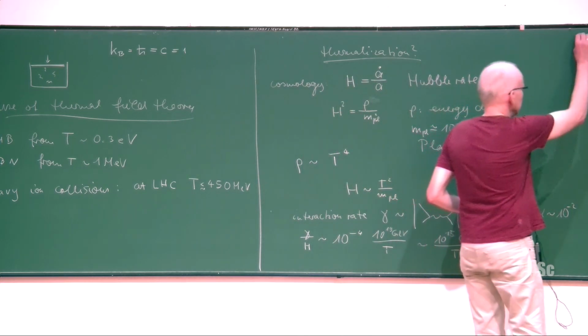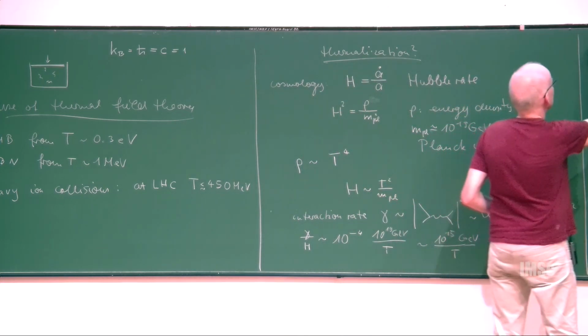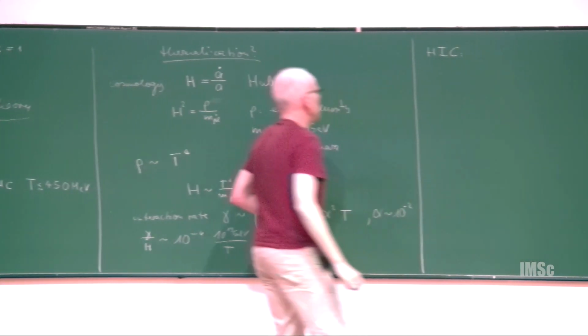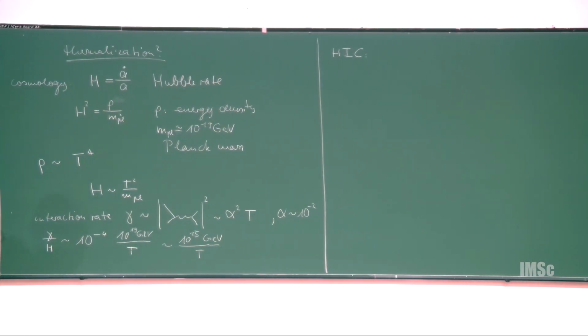What about heavy ions? Heavy ion collisions. Here we collide these two heavy ions, but once you create them, of course, the system will very rapidly expand, and then these quarks and gluons will hadronize and fly away and end up in the detector.